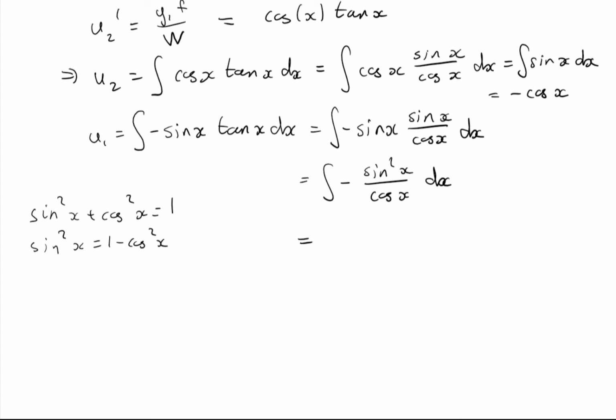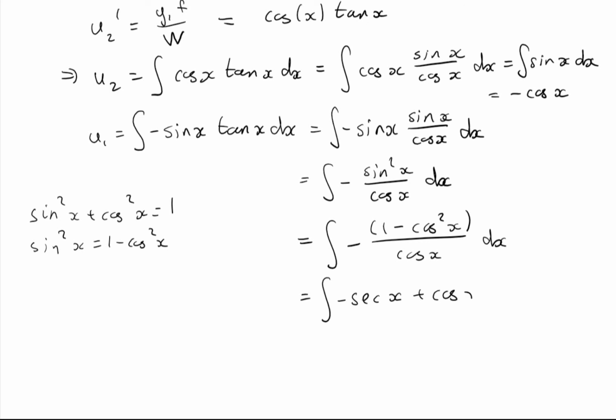So this is now the integral of minus 1 minus cos squared x over cos x. Now I've got minus 1 over cos x, so that is minus sec x. Sec is 1 over cos. Then I've got plus cos squared over cos, which is just cos. So the antiderivative of cos is easy, that's sine.